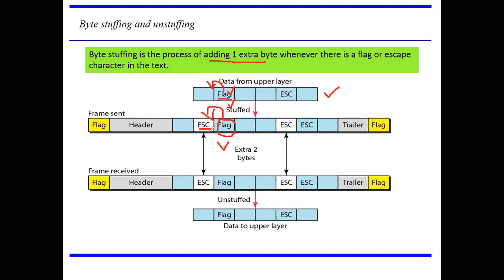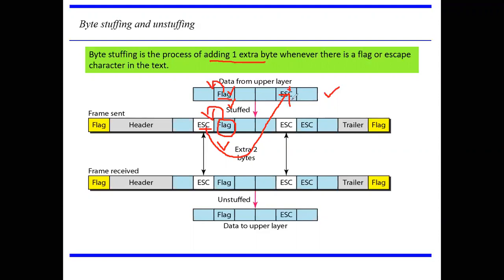Now suppose an escape character only is present in your data. What will you do? If you leave it like that, the escape character again will not be considered, and again there will be loss of information. So something has to be done.